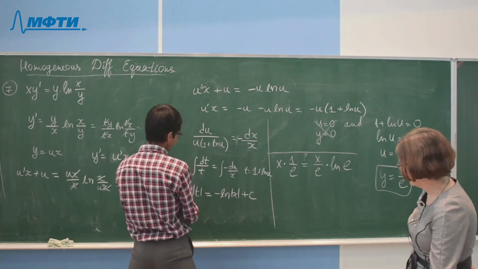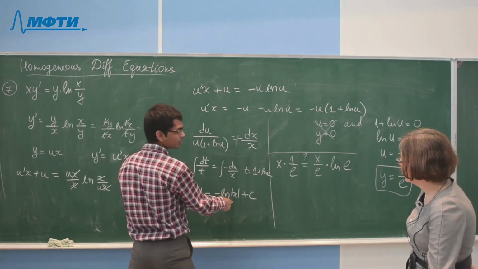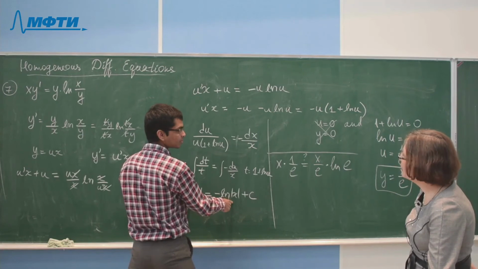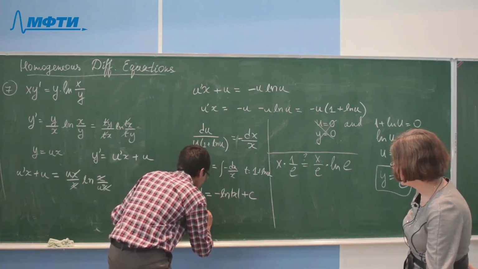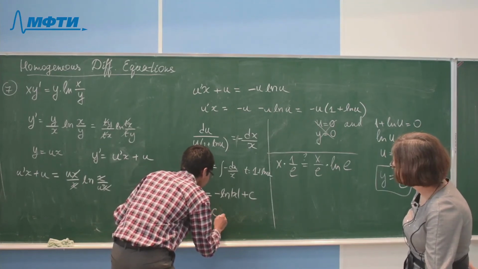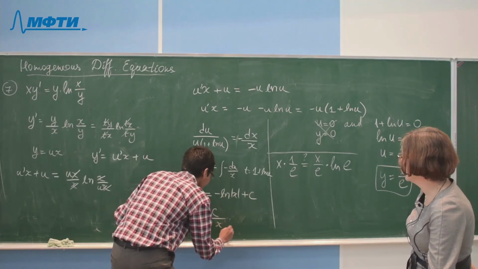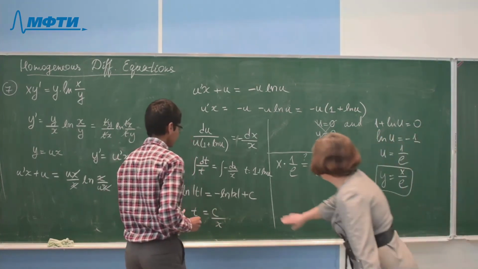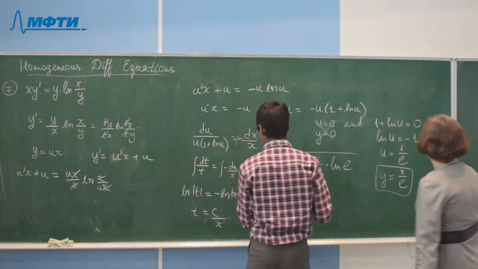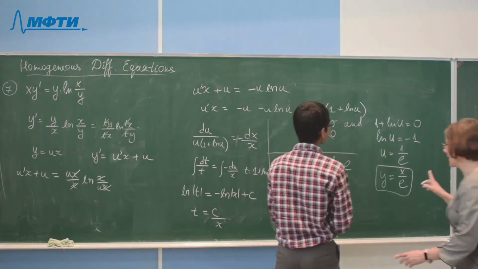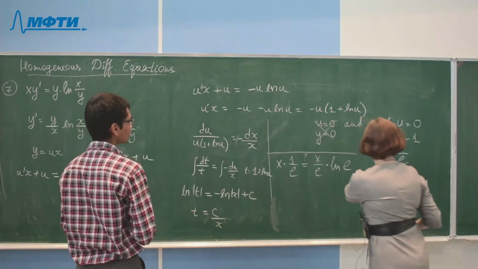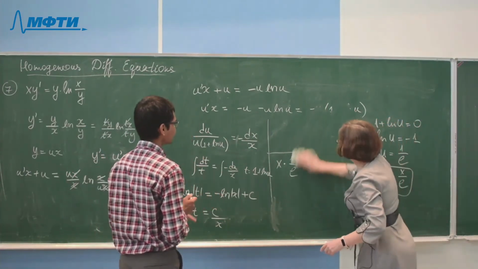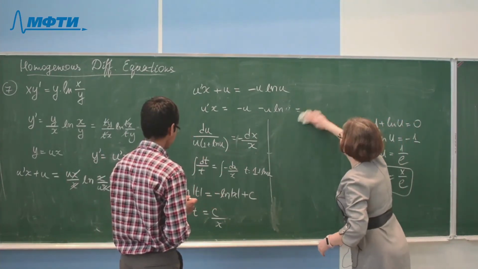Or should I remove ln first? Remove it first. You may do this. Divided by x. Now, I will remove maybe this part, so it is not necessary.